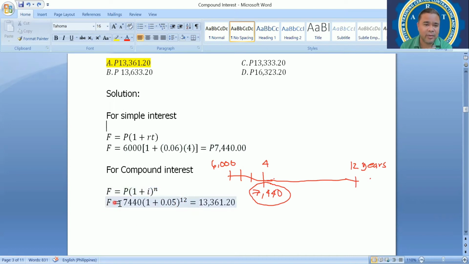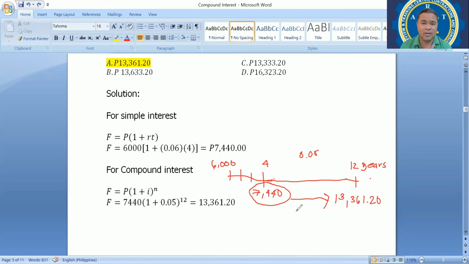So F equals 7,440, which is the whole amount from the 4 years at 6% interest, times (1 plus 0.05) to the 12, which becomes 13,361.20. So after 7,440, invested at 5% interest rate for 12 years, the money becomes 13,361.20.